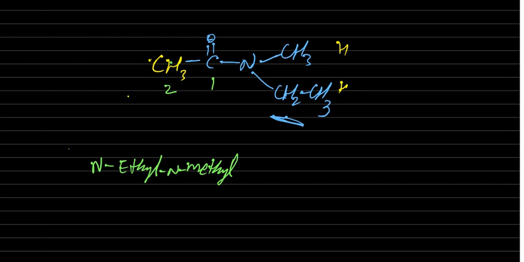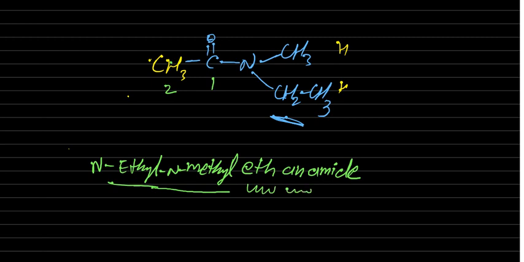Okay, substitutions over. Then the word root is eth, all single bonds, an, amide. So N-ethyl, N-methyl, this much is the prefix, this is the word root, this is the primary suffix, this is the secondary suffix. Like this you can write the nomenclature for amides also.